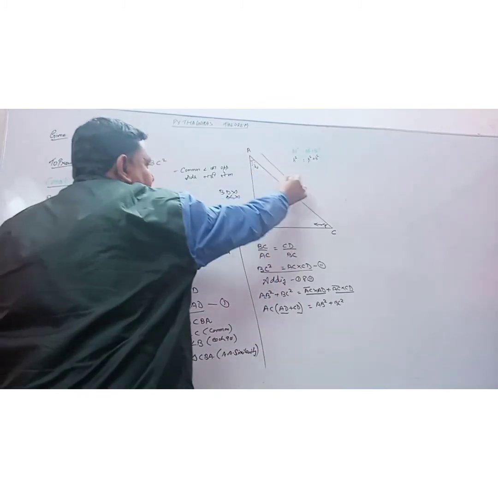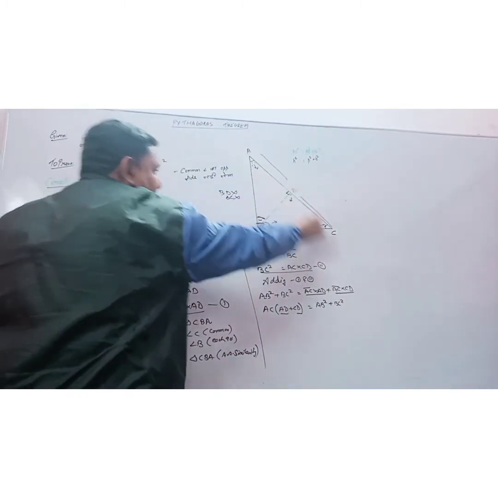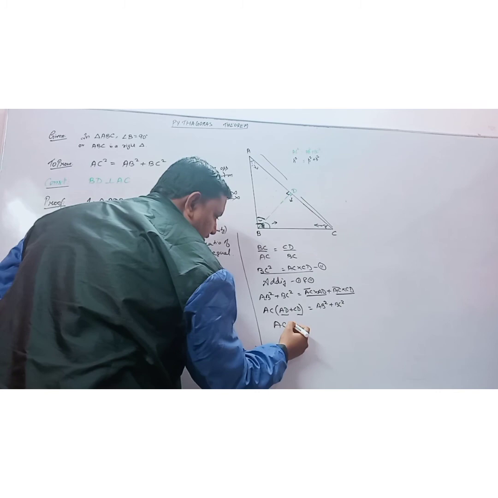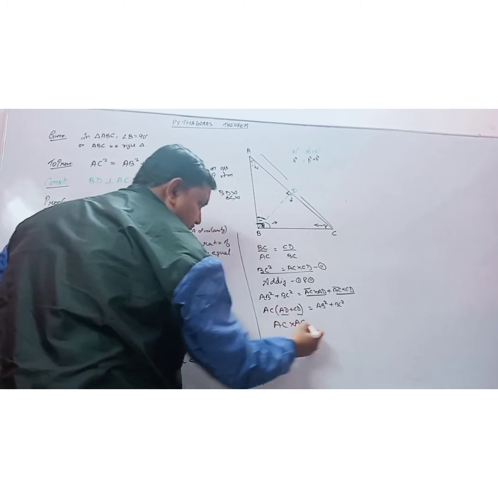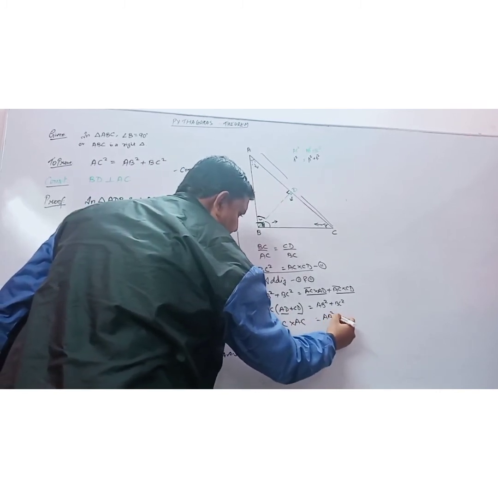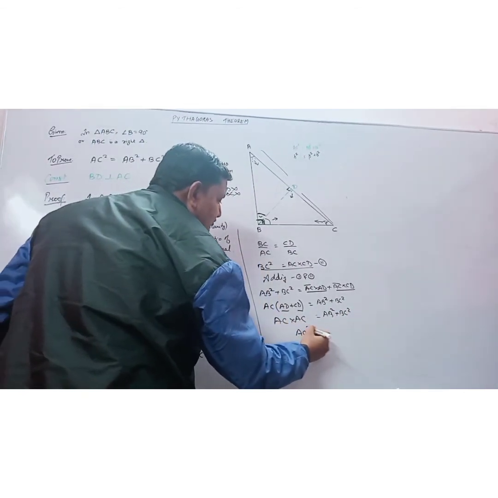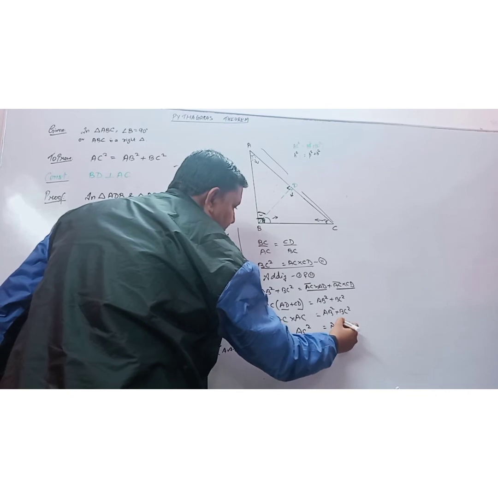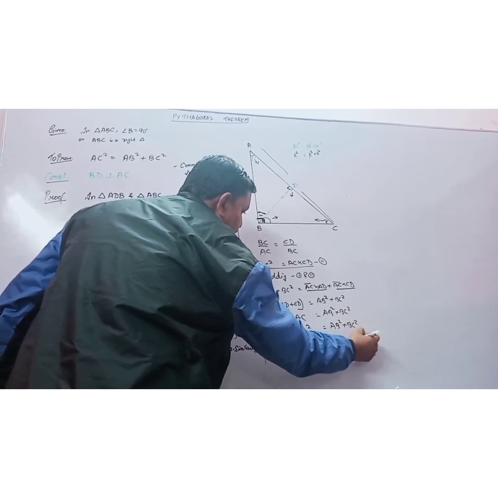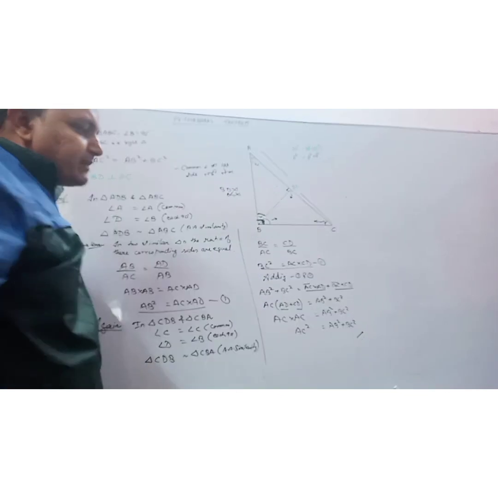In place of AD plus CD, we can put what? AC. Okay. AC equal to AB square plus BC square. Now see, AC into AC is AC square is equal to AB square plus BC square. So this is what we have to prove in the Pythagoras theorem.